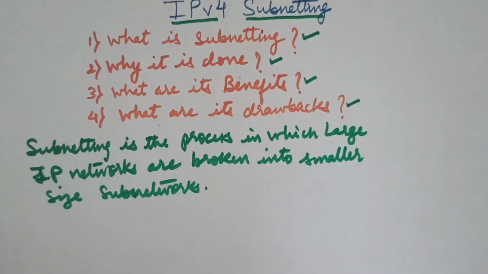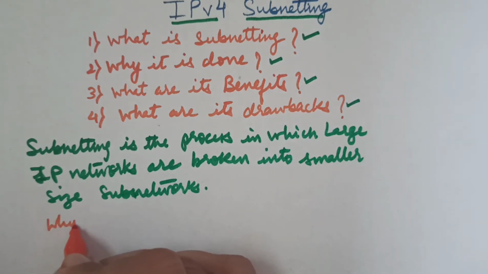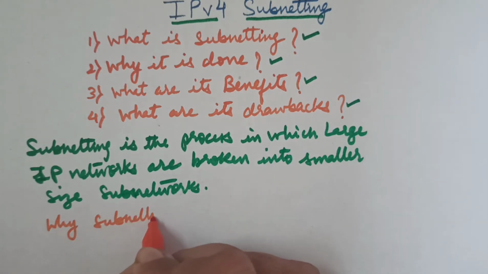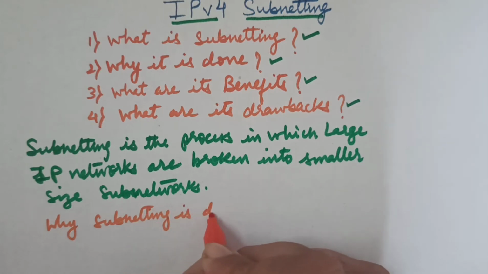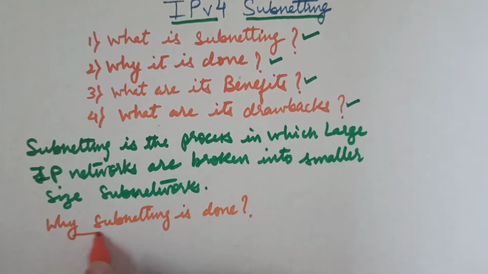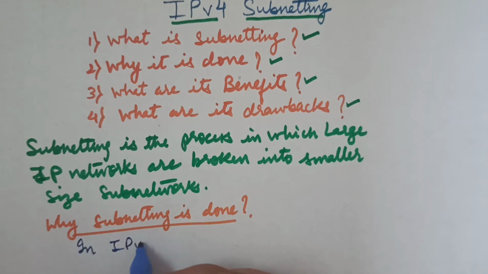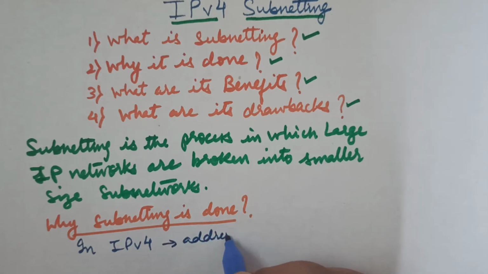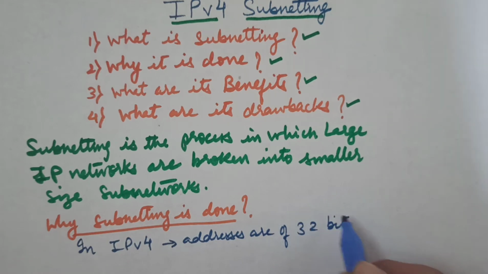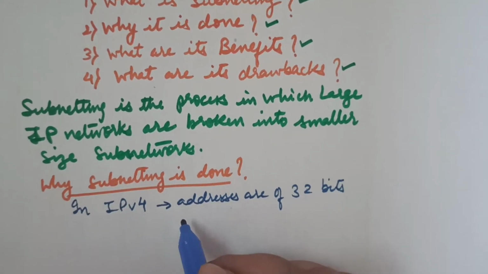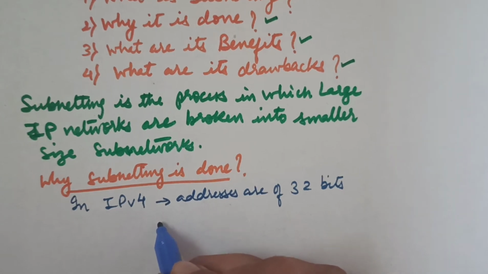Now why is subnetting done? We know that in IPv4, in IP version 4, the addresses are of 32 bits. So with 32-bit addresses, total address space in IPv4 is 2 raised to 32.